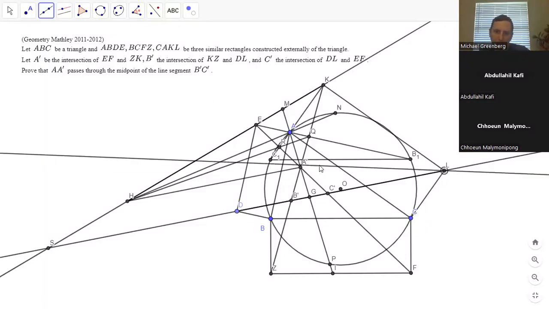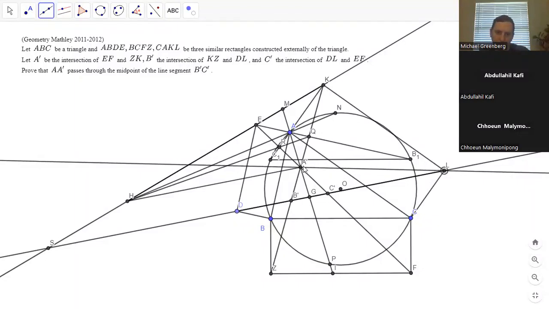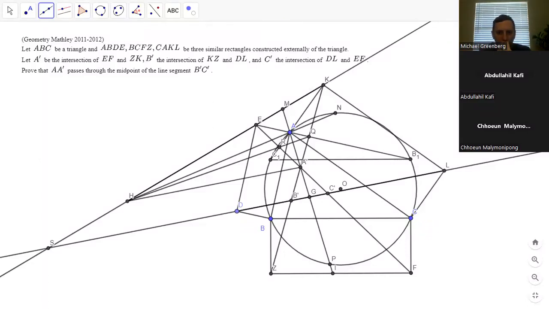Let's see if I draw this. We could try to show like MH over MA prime is MS over MG.